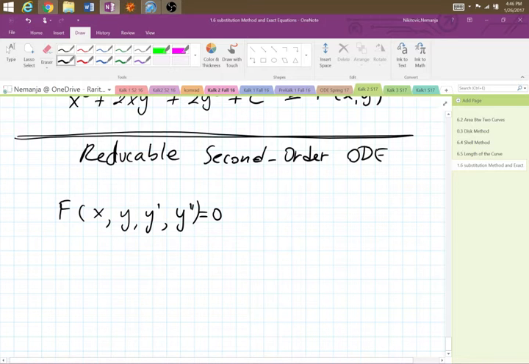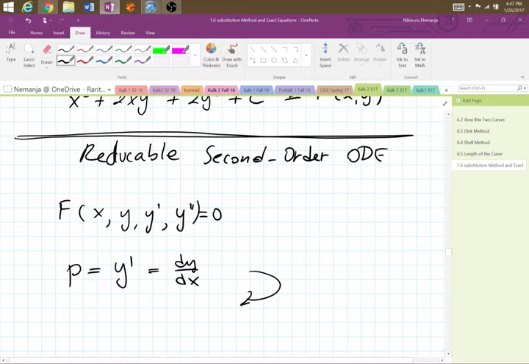And what we can do is we can come up with a change of, it's not just change of variable, because you are going to say the new variable p is going to be equal to y prime from before. So you say that p is equal to y prime, which is good old dy dx from your equation.